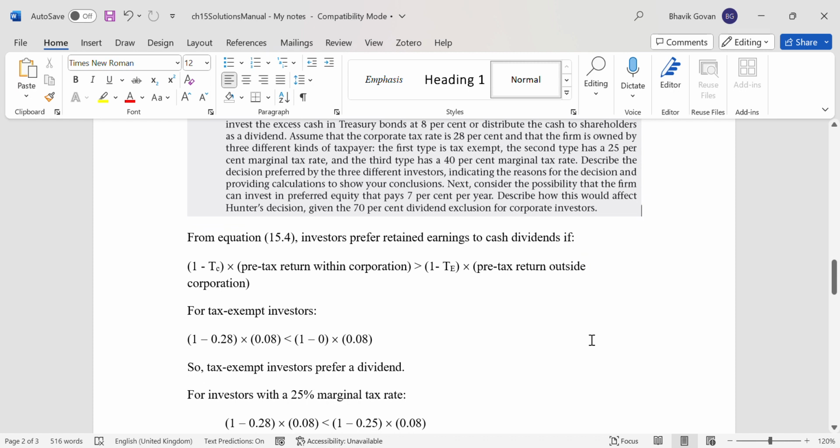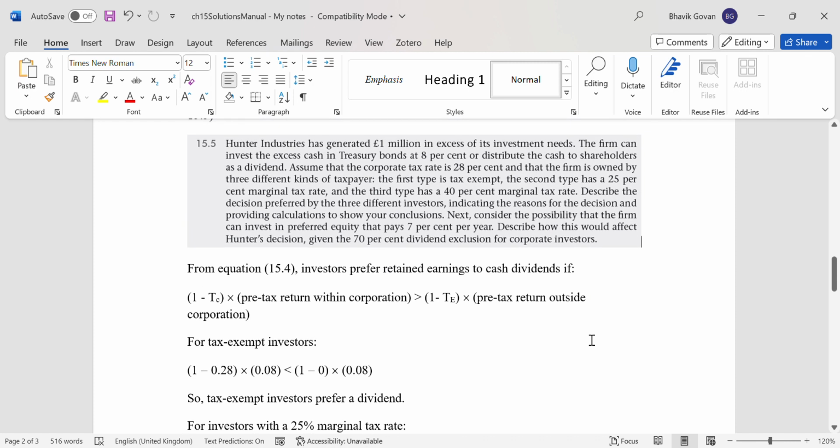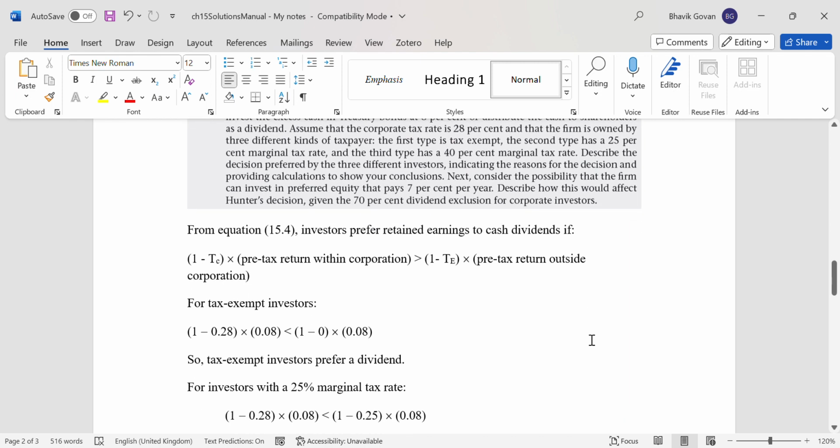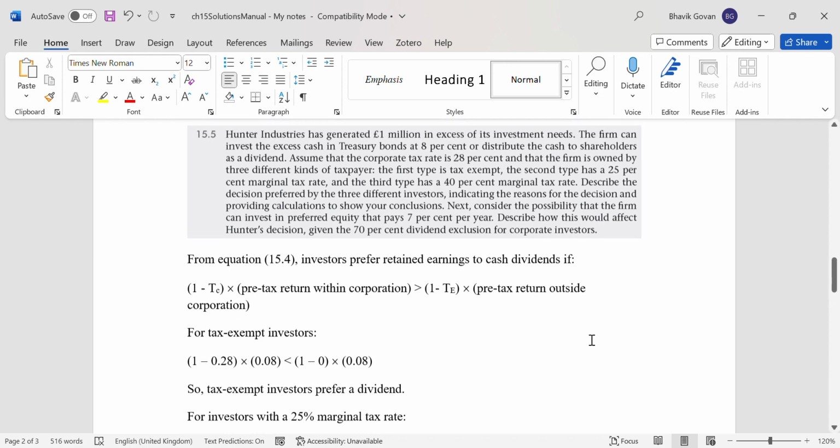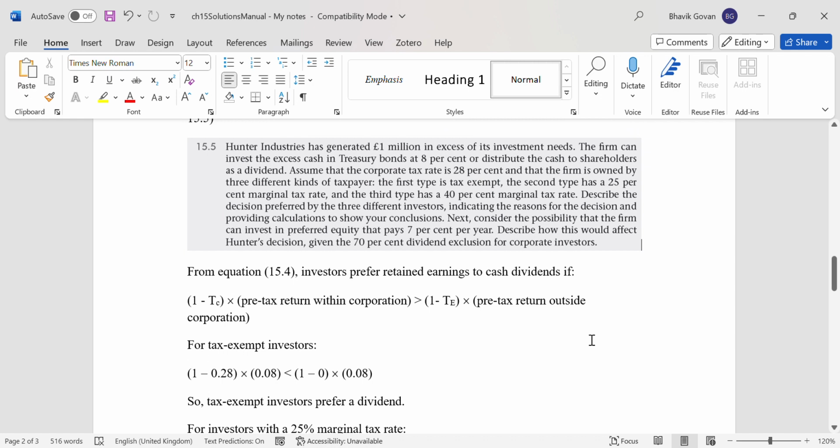So we'll start off with the first type of investor, which is tax exempt. For the tax exempt investors, we've got 1 minus the tax rate of 28% times our return within the corporation. Remember, we said that the firm can invest this excess cash in treasury bonds at 8%. So they'll receive a return of 8%.